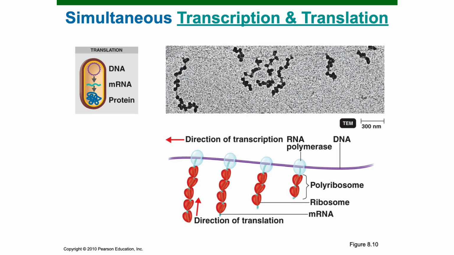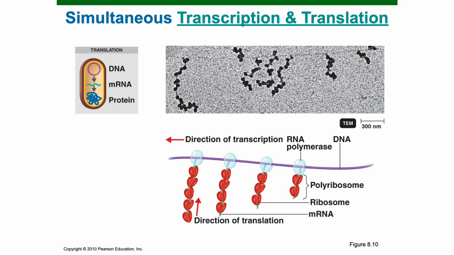In prokaryotes, this process occurs all in the same compartment. Okay, in the cytoplasm of the cell, you have the chromosome, and you have the ribosomes, and you have the enzymes. And so as a messenger RNA is being made, ribosomes will attach to it, and they'll start cranking out the proteins.